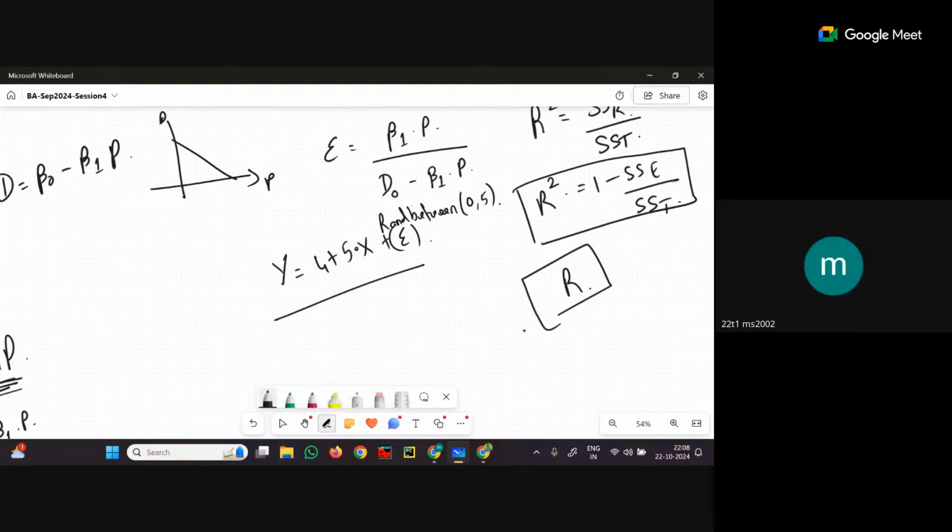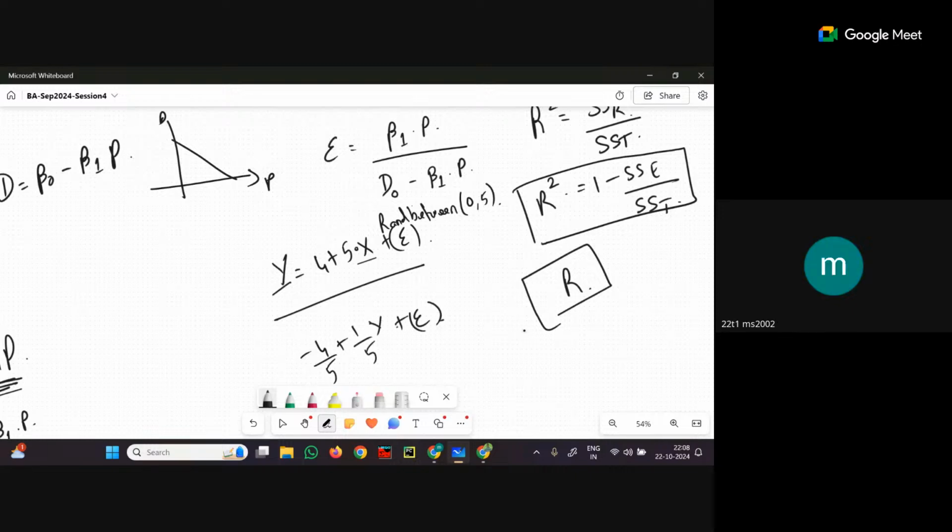If you fit a SLR for this using Y and X, you should get this equation. If you fit it the other way around, you should get the reverse equation. You should basically get minus 4 by 5 as one coefficient, and the other coefficient should be 1 by 5. Something of this sort.